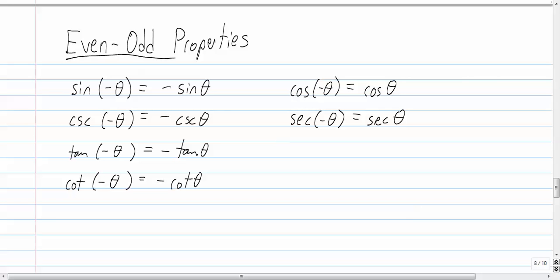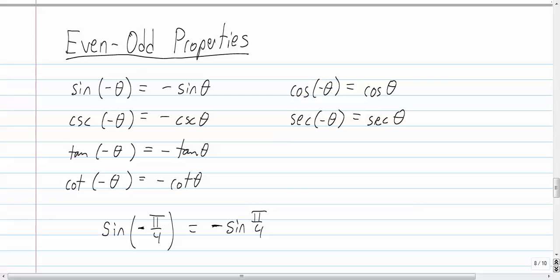Okay? So you may be thinking, where can I use these, or how could I use these identities to help me work problems? Well, let's say that we wanted to know what is the sine of negative pi over 4. The sine of negative pi over 4 is going to be equal to the negative sine of pi over 4.